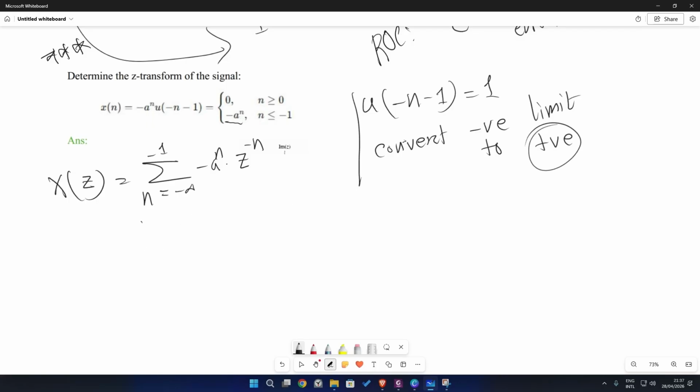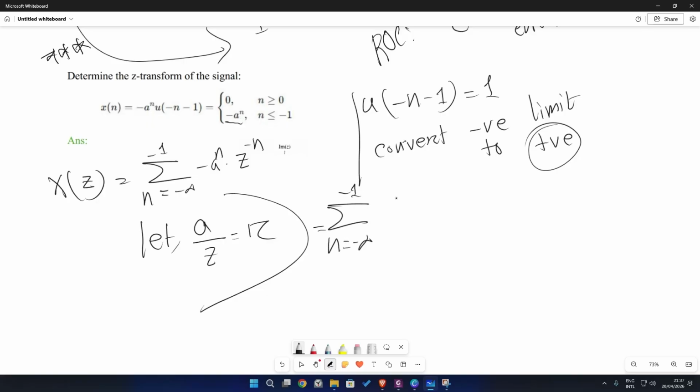Let us consider a by z equal to r. Taking the minus out, we get the sum of (a z^-1)^n. Now let a by z equal r, and also let n equal minus k. If n equals minus 1, then k will be positive 1.